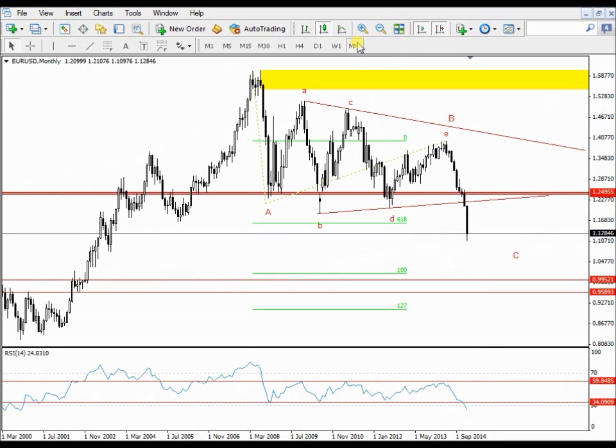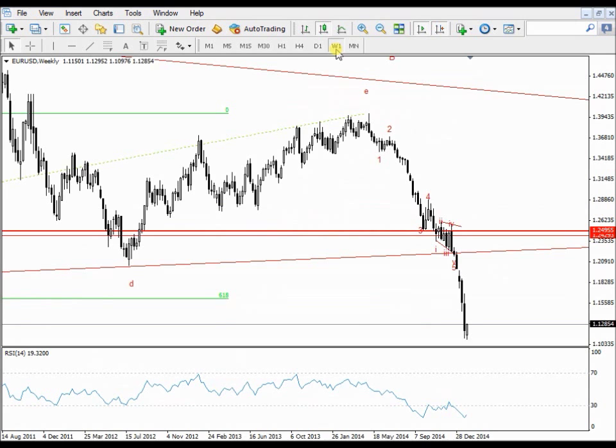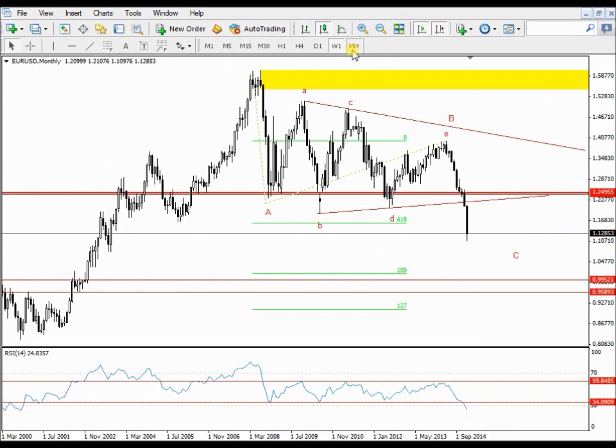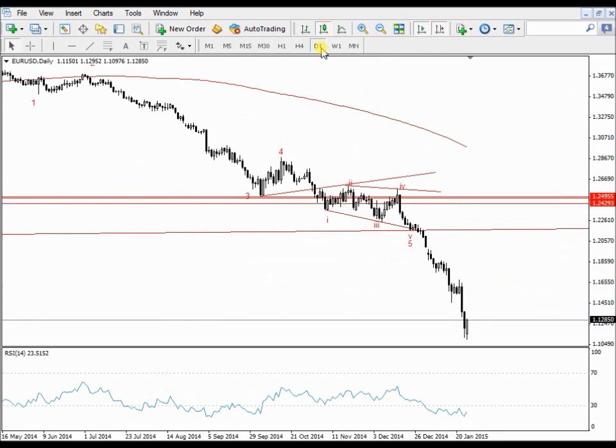We all know we must trade with the trend. Selling in a bear market or a downwards movement, and we want to buy in an upwards movement. We will go into that a little bit more with indicators. I just want to know where you guys are at. Do you have any questions?